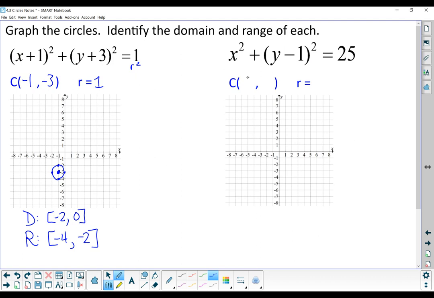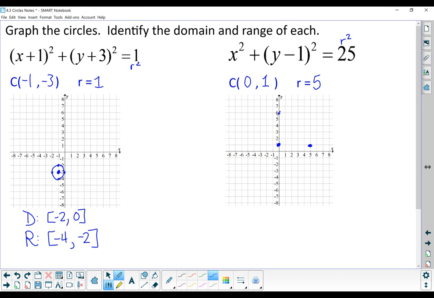All right, now we can do this one. Our center here is going to be at 0. We don't have a horizontal shift with the x there, and our y coordinate is going to be 1, so 0, 1. Our squared is 25, so that means our radius is 5. 1, 2, 3, 4, 5.